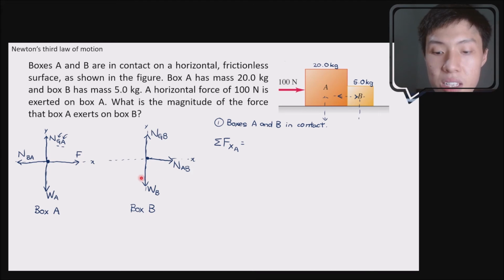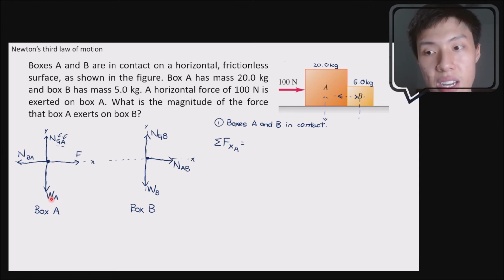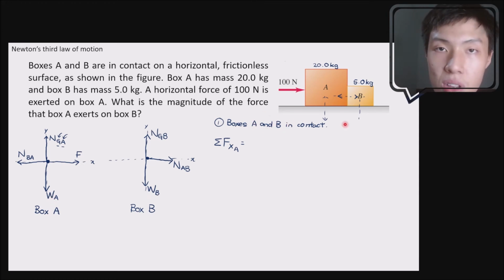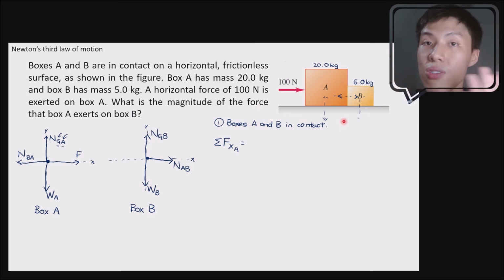And because of that, you know that box A is also accelerating. So to summarize, we see box B is accelerating because the net force in the x dimension is not equal to 0. Knowing that box B is accelerating, we know that box A must be accelerating as well, because box B and box A are always in contact, and to be in contact throughout the whole journey, you have to accelerate at the same rate.